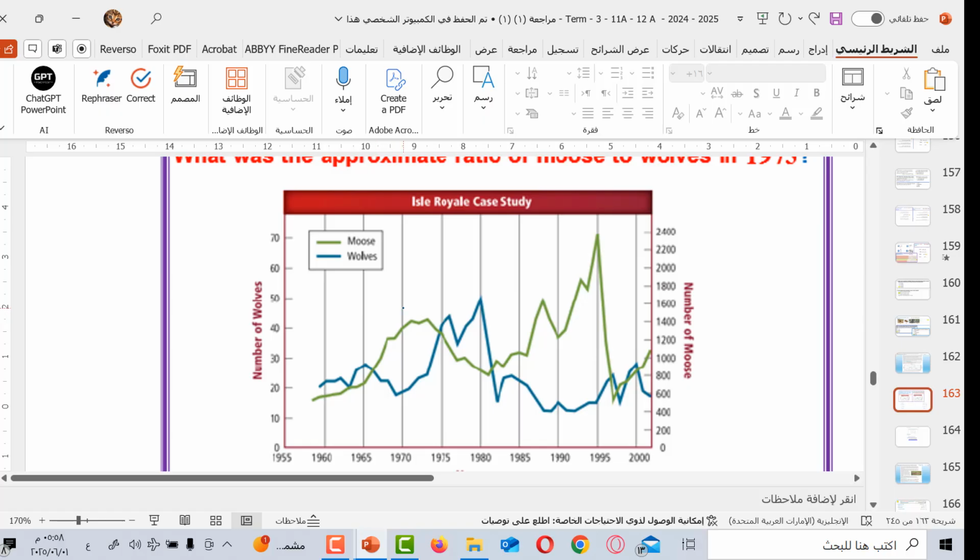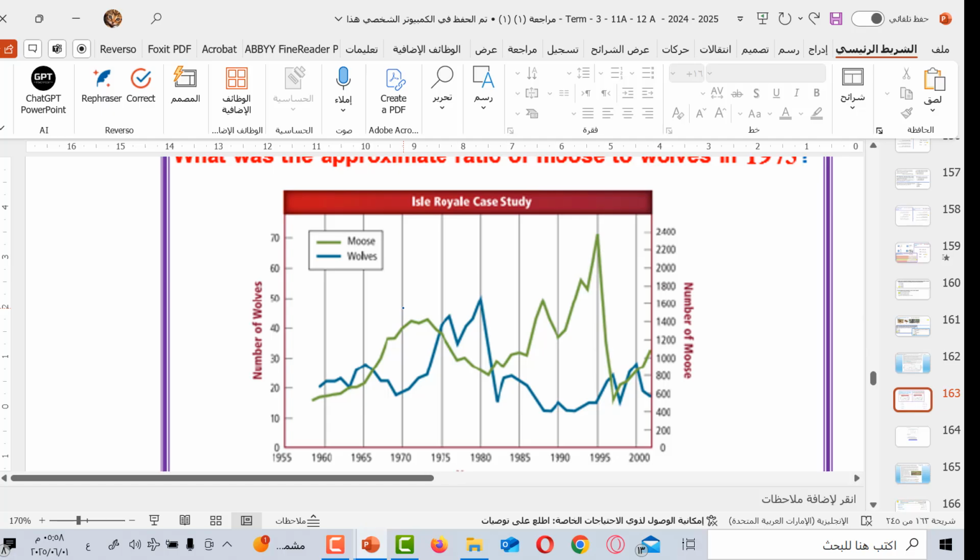If we make a ratio, I'll divide 1300 for moles by 40, the number for wolf.